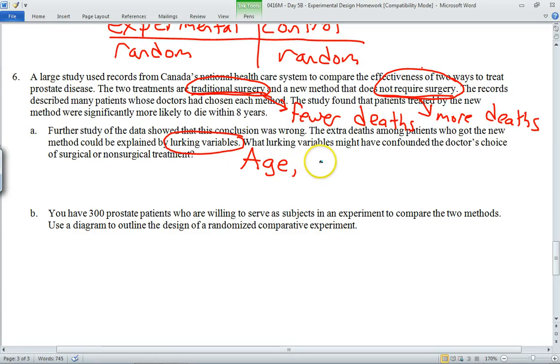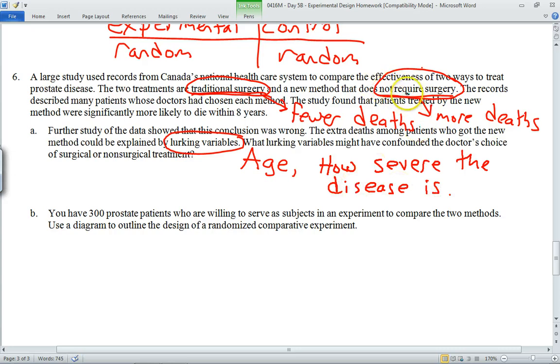If one person has, if their disease is worse, so I'm just going to put how severe the disease is.